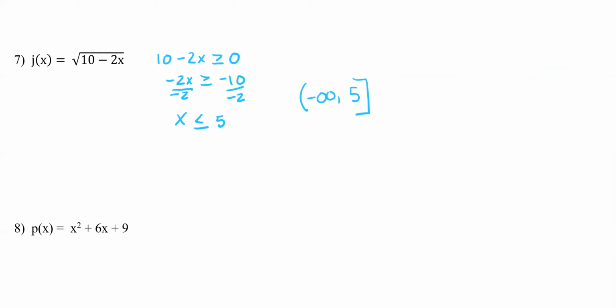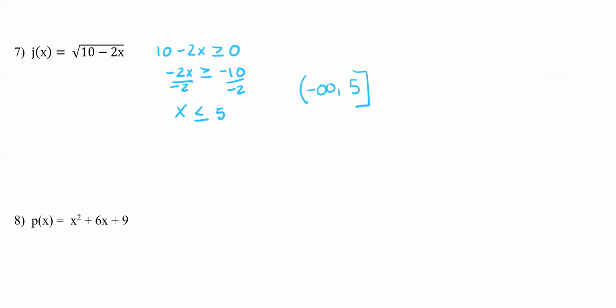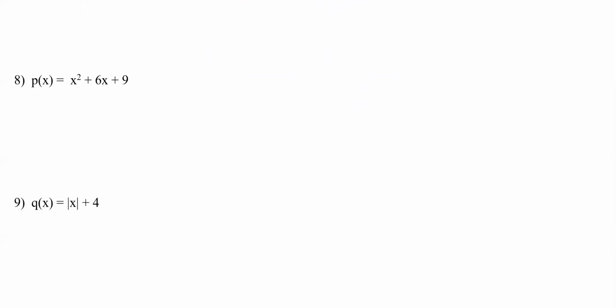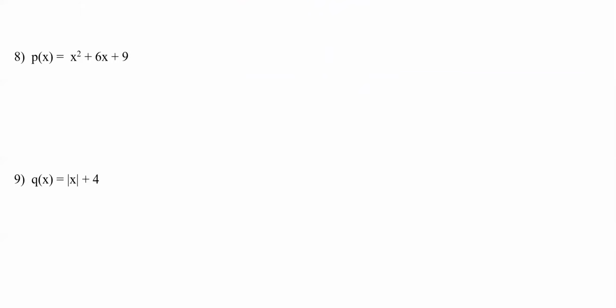All right, number 8 is a quadratic. It's asking for the domain. There are two functions that restrict your domain. You cannot have a denominator of 0 and a square root. The radicand must be greater than or equal to 0.